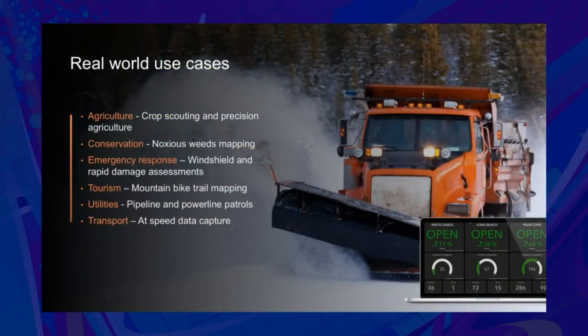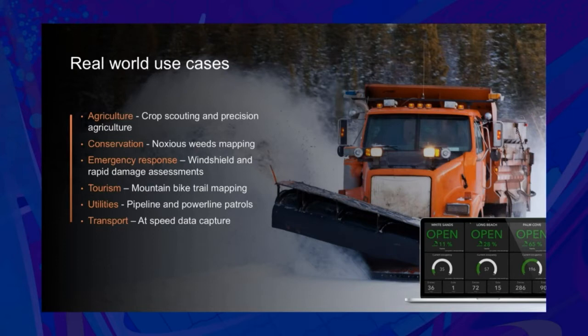So customers are using QuickCapture across a range of industries and for a range of applications. And just to provide a few examples, we have agriculture. We've seen users mapping entire vineyards with precision GPS. Conservation, Kings County was recording the location of weeds and treatments by actually walking the extents and capturing polygons.